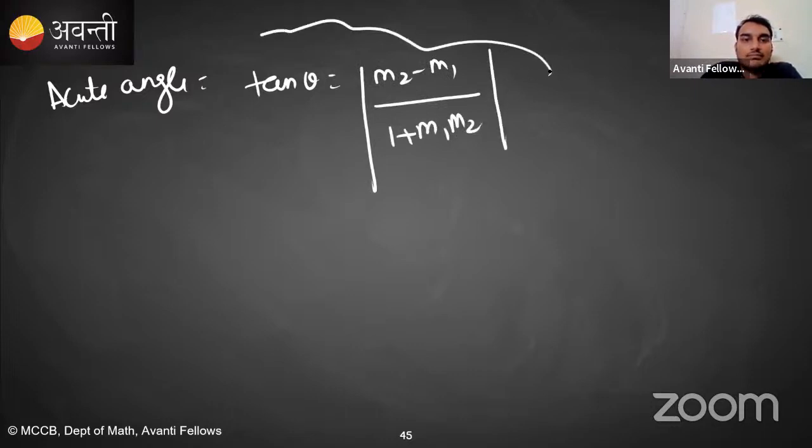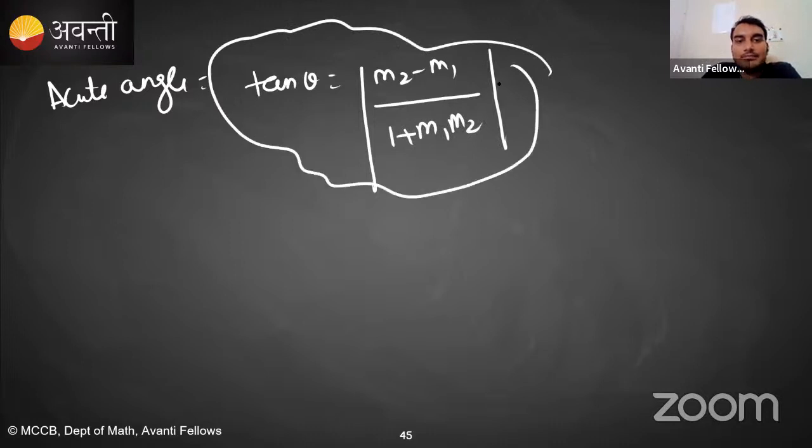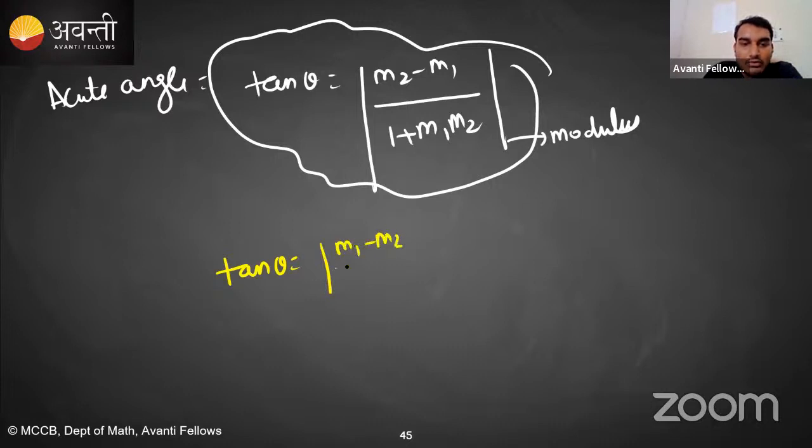Clear? This is the magnitude, the modulus. It makes no difference if I write M2 minus M1 as M1 minus M2, so again tan theta is the modulus of M1 minus M2 upon 1 plus M1 M2.